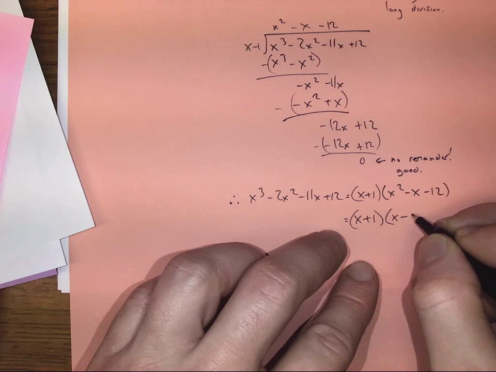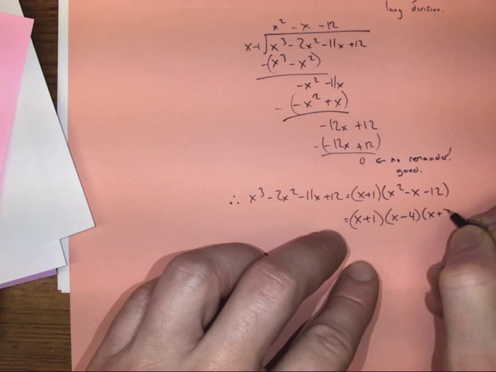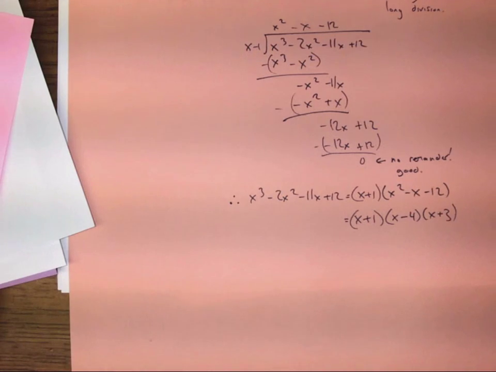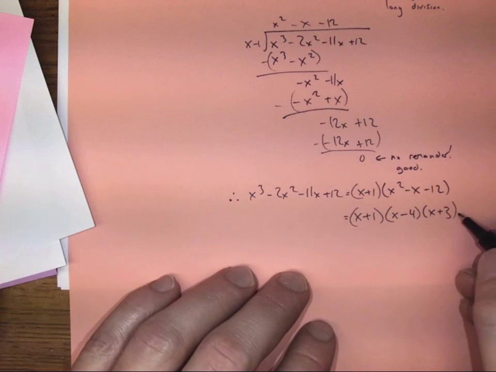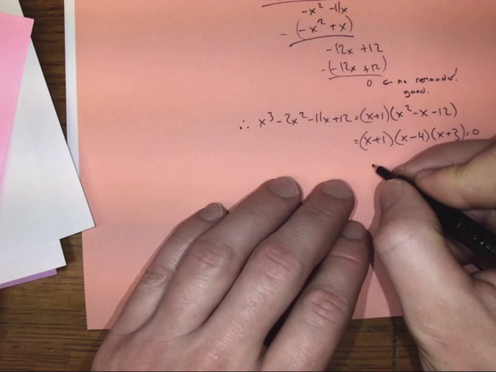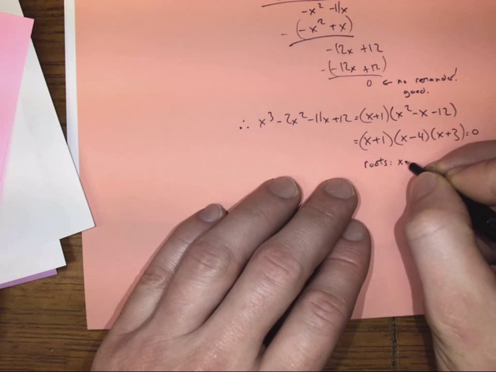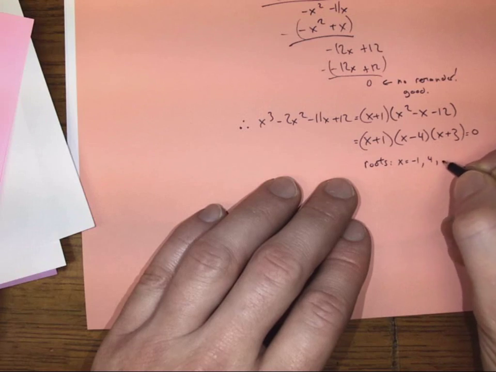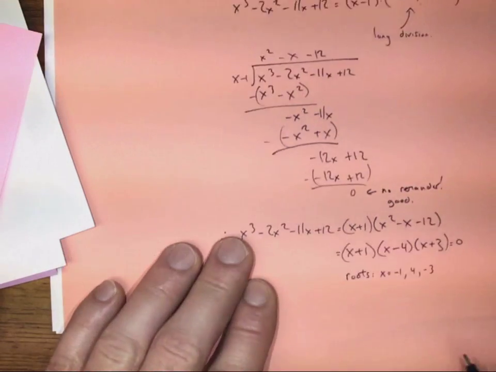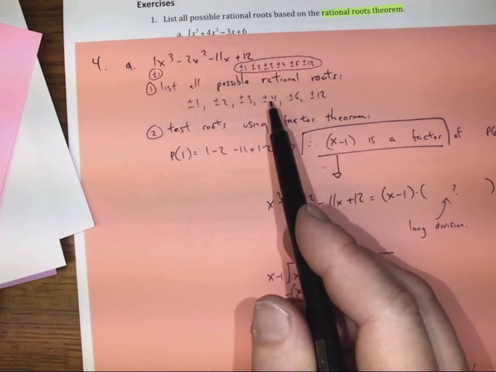There, x minus 4 and x plus 3. And there we have it. Okay, so then therefore the roots are x equals 1, 4, and negative 3, which were all possible rational roots.